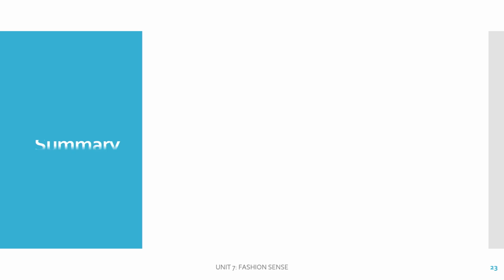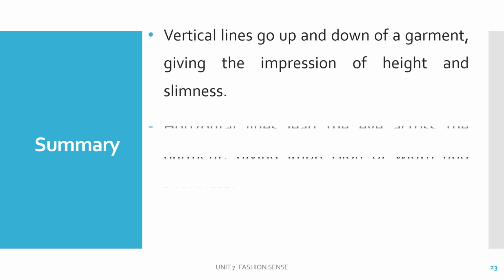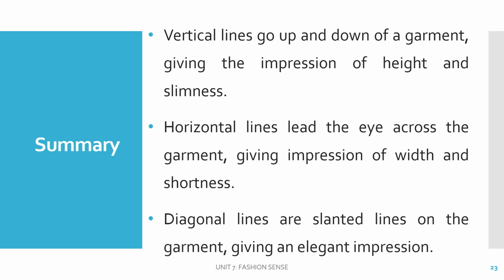We have also learned that vertical lines go up and down of a garment, giving the impression of height and slimness. We have also seen horizontal lines lead the eye across the garment, giving impression of width and shortness. And finally, we have seen diagonal lines or slanted lines on the garment, giving an elegant impression.